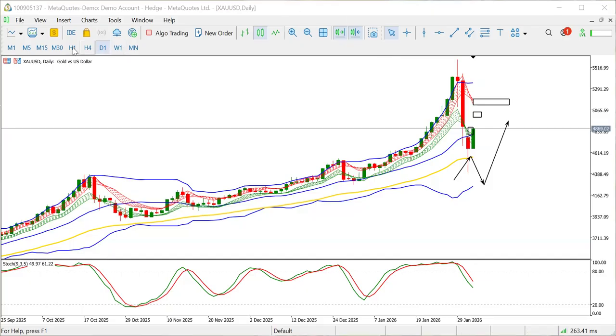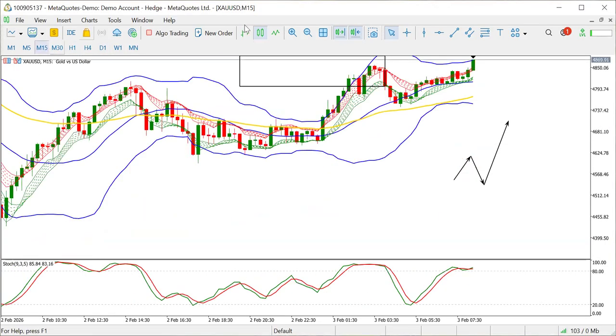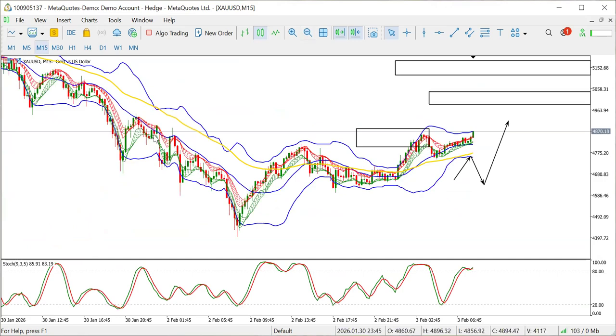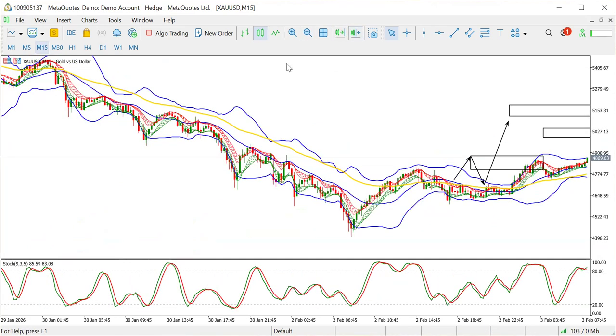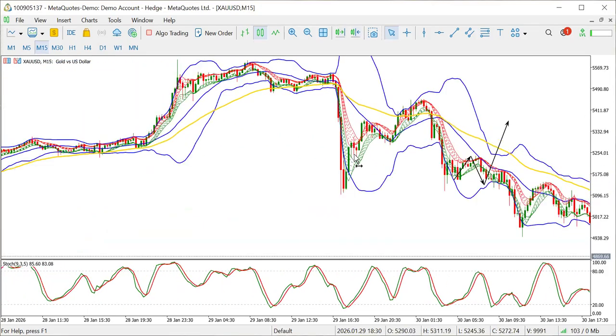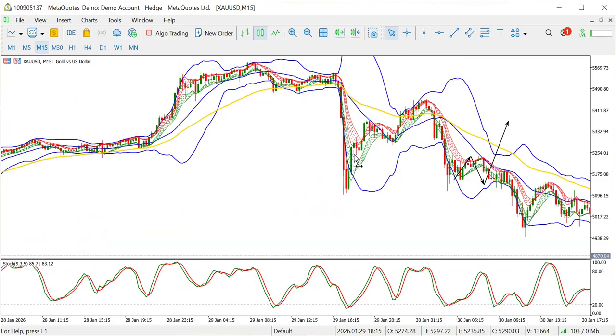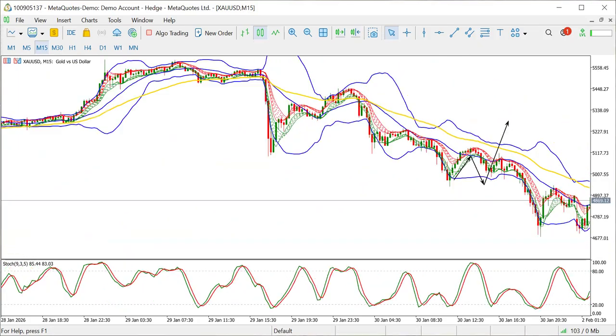For example, on H1 time frame, on M15, we got confirmation yesterday.